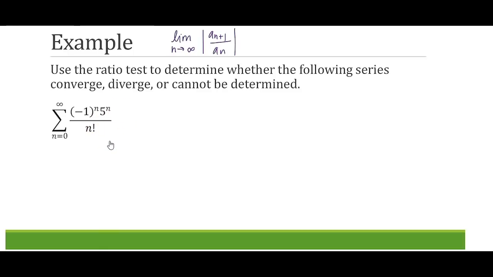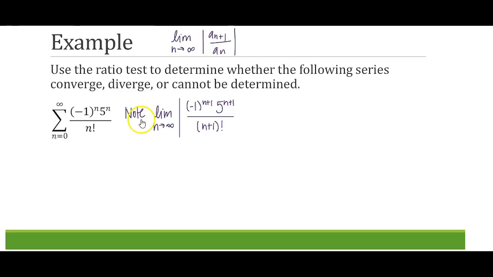So we're going to start by saying something again like, note the limit as n approaches infinity of the absolute value of, so now we plug in n plus 1 into each n, so we're going to have negative 1 to the n plus 1, 5 to the n plus 1, over n plus 1 factorial.